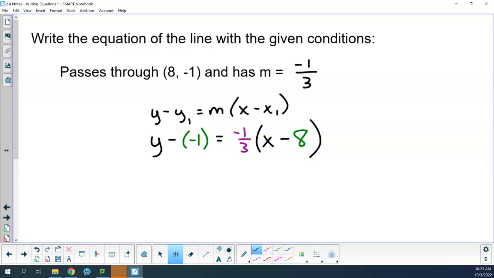Didn't say what form we wanted it in, so let's go y equals mx plus b form. So then that's going to be y plus 1 on the left side and -1/3 x plus 8/3 on the right side.